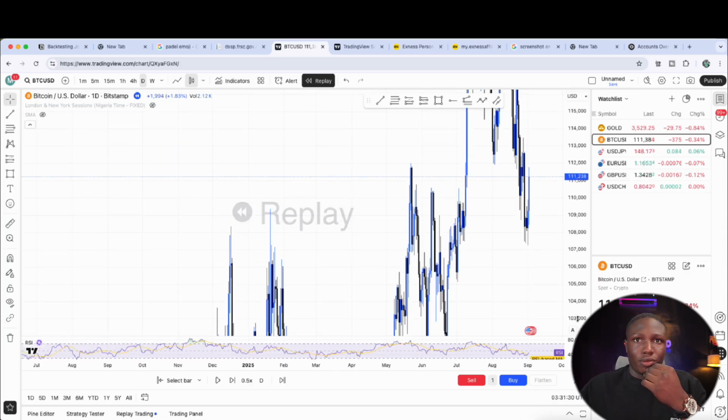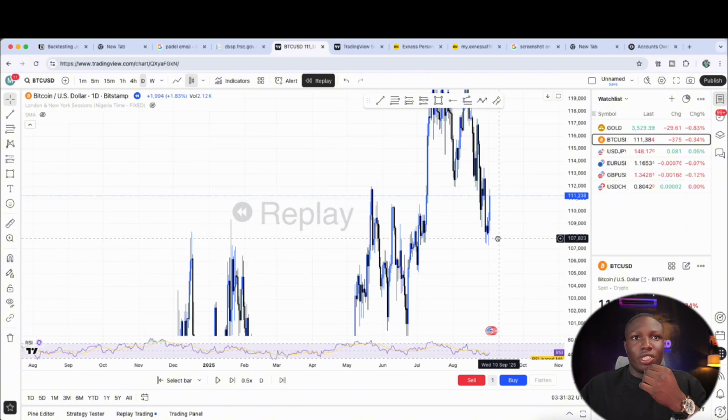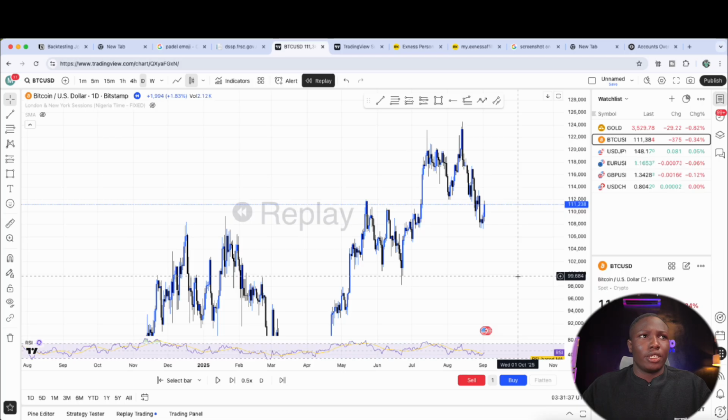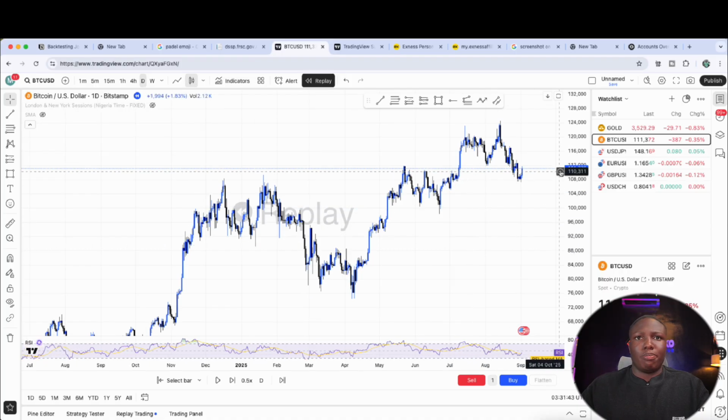One of my trading rules is to follow the trend, follow the big guys. On the daily time frame, we can see Bitcoin has been bullish. Let's go on the weekly to spot the trend from afar.